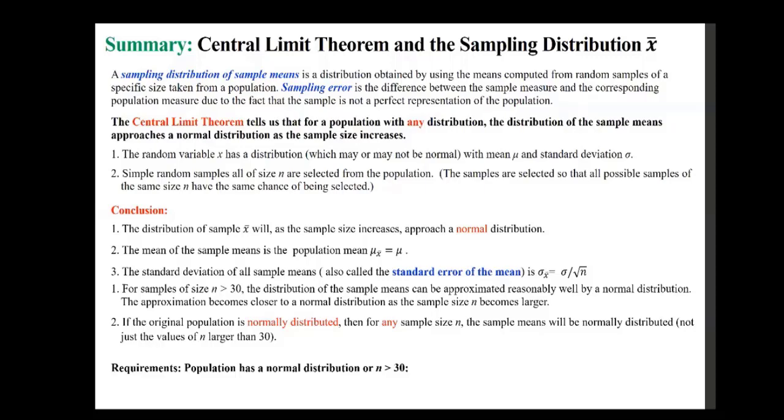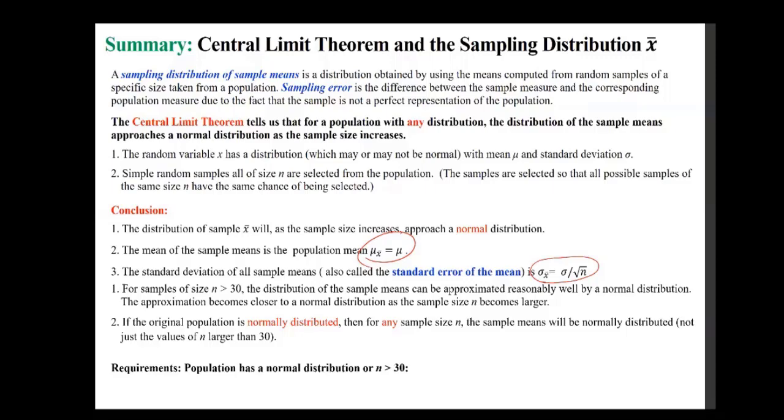So here's the synopsis of what we have. The central limit theorem gives us the value for mu of X bar, which is equal to mu, and the value for sigma of X bar, which is sigma over square root of n. And the requirements are very simple.